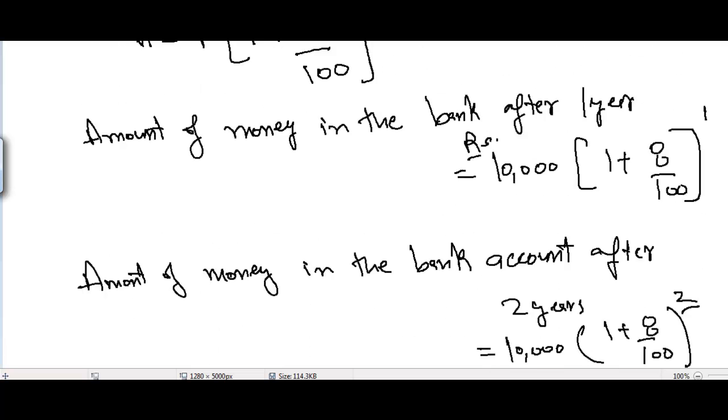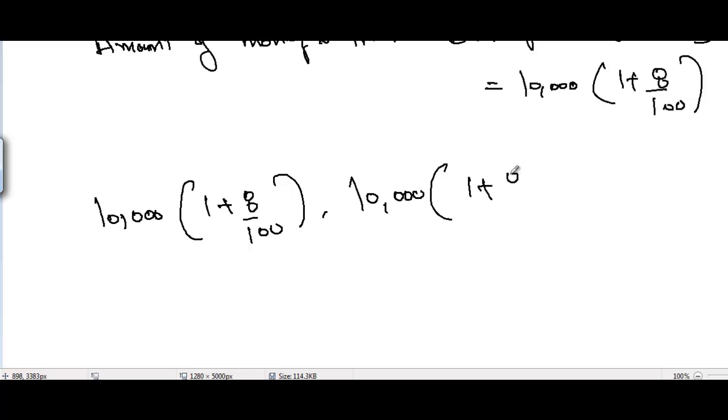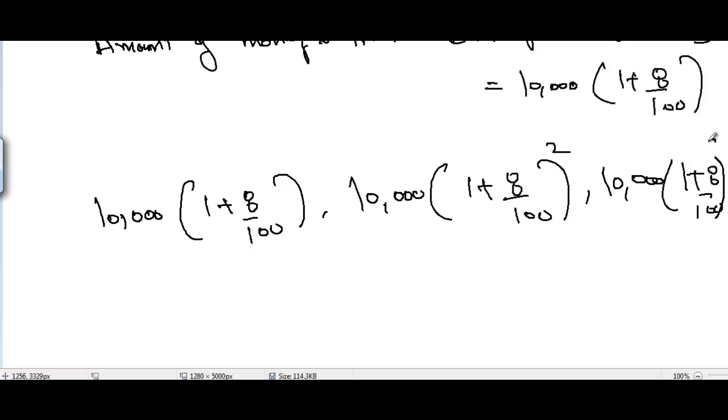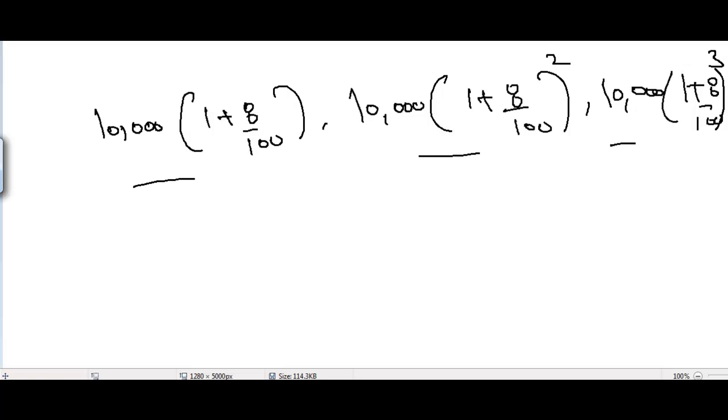So we have here the terms of a sequence something like that. That's the first term, here we have the second term, and here we have the third term, power 3 here. Now if we check the difference between any two consecutive terms here, they are not equal.